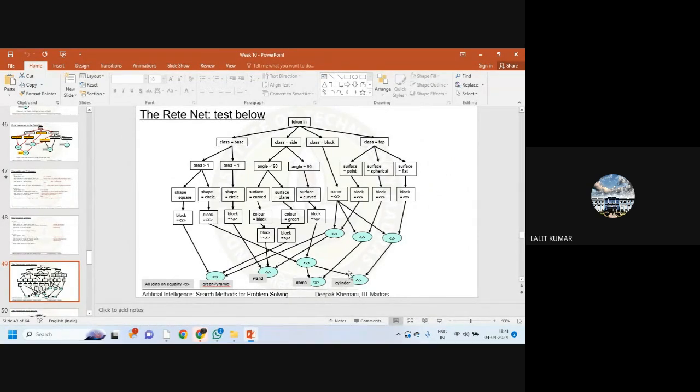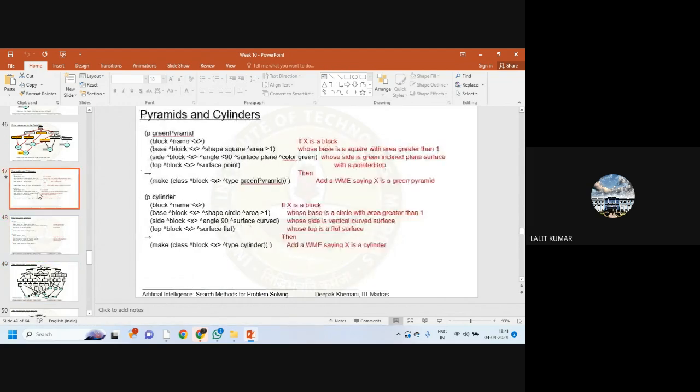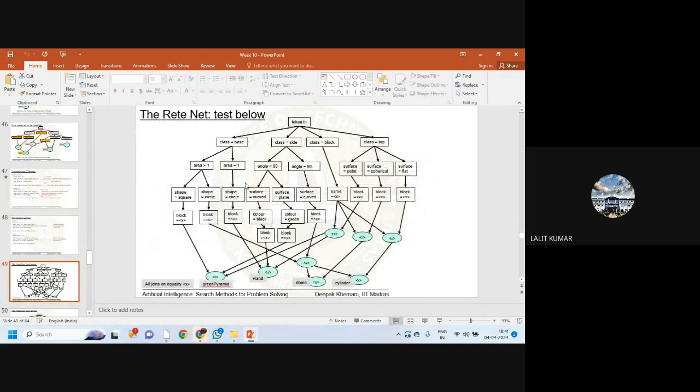The good part is that during the course, they are not asking us to build this tree. We just have to see that once we put some rule, or here he has not given the WMEs, what happens is that this tree is given to us, and then WMEs are given to us. Now what we have to do is insert WMEs one by one, and see where that WME has gone.